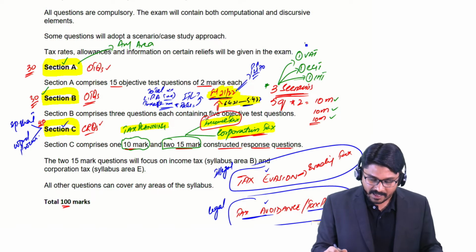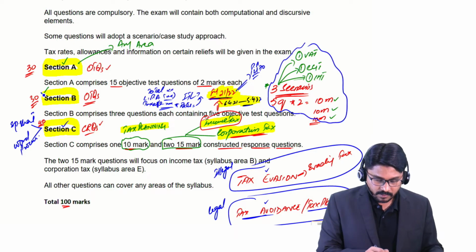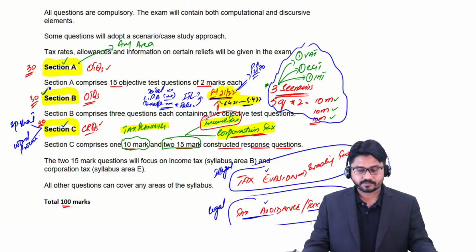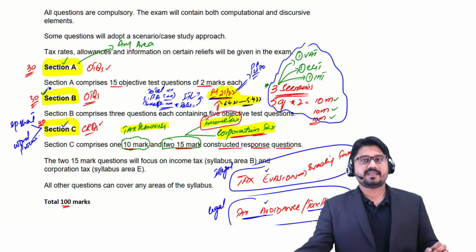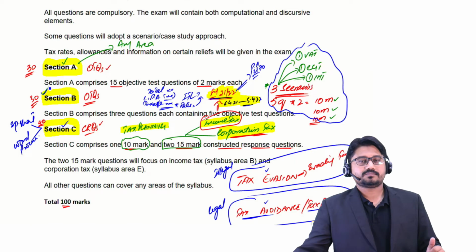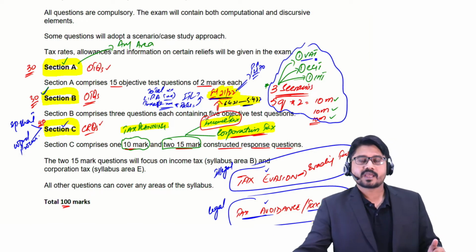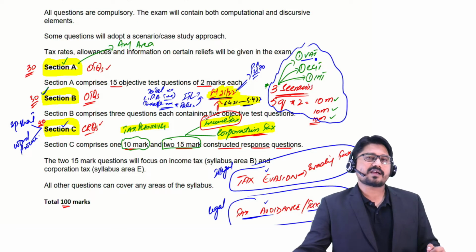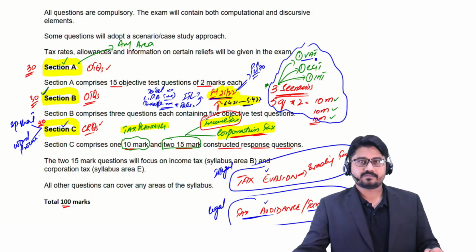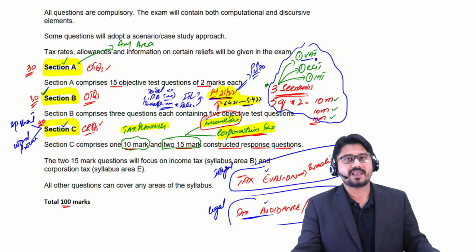Now let me guide you for section B. In section B, there are 3 scenarios. Let's talk about the first one, value added tax. Value added tax is a kind of indirect tax which is actually borne by the end consumers. Like if you and I consume goods or services, we have to pay value added tax.